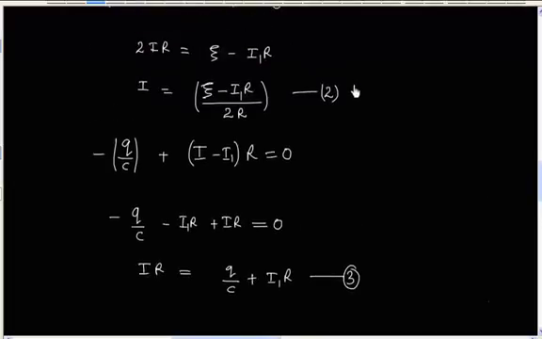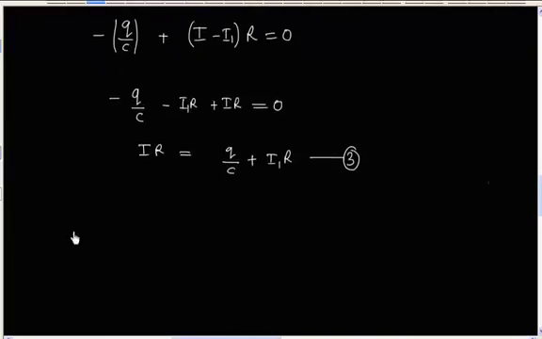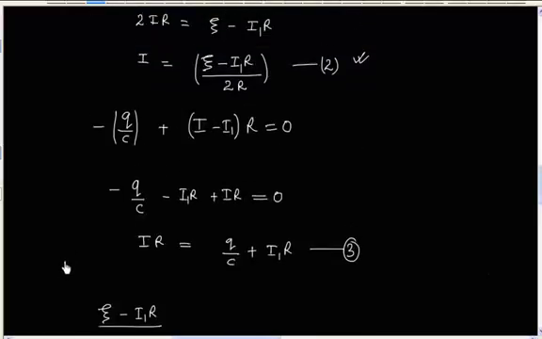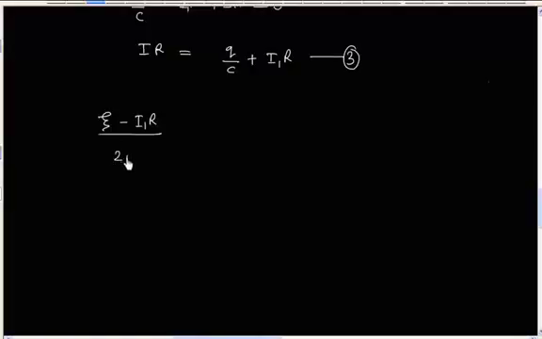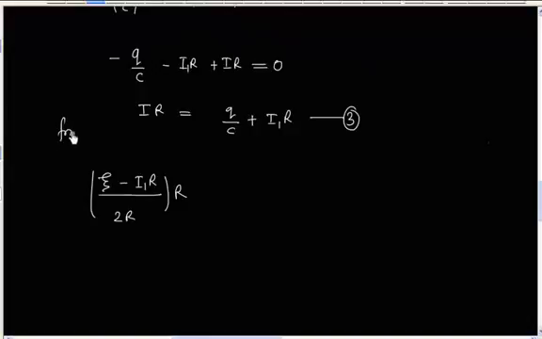Now we can plug in the value of I from equation 2. I is nothing but Xi minus I1R, divided by 2R. So what I am doing is putting the value of I from equation 2 into equation 3.